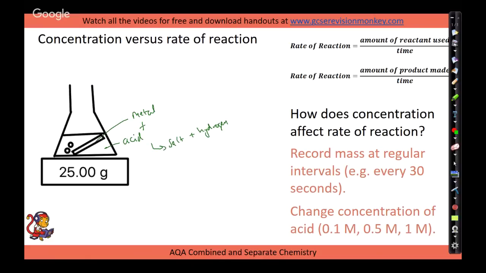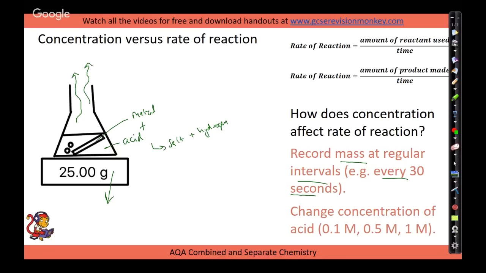And you can see it's on a balance showing 25 grams. As this reaction will start, there's no lid on at the moment, so the hydrogen will leave and the mass will go down. And what you can do is record the mass at regular intervals, say every 30 seconds, and you can use that to measure the rate of reaction.